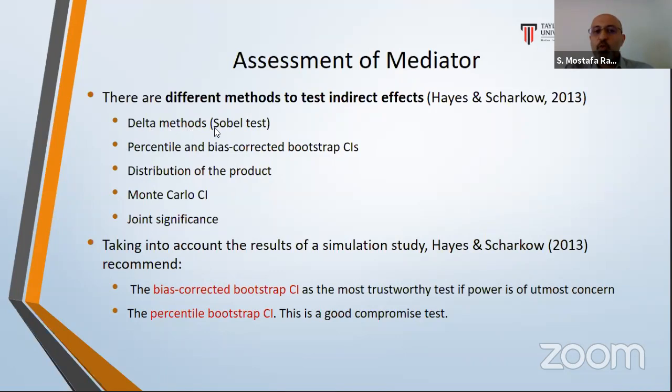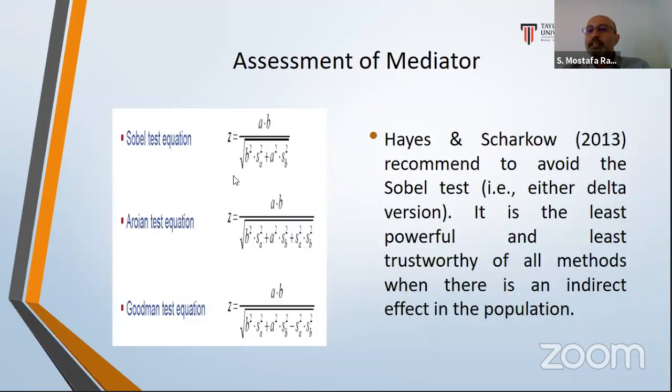In the first method, we assess significance of the product of coefficients or indirect effect based on the Sobel test. And we also have some other tests. Under the third group, we have many different tests. One of the famous tests is the Sobel test, but the Sobel test is not the only test.